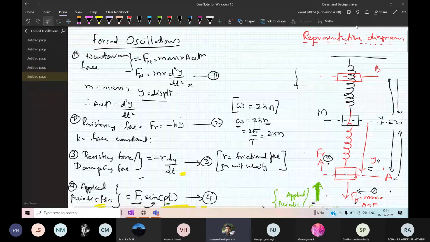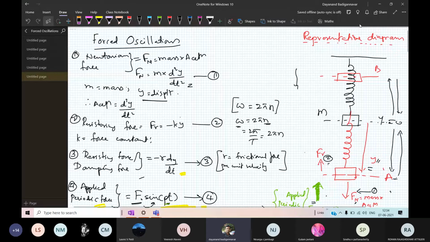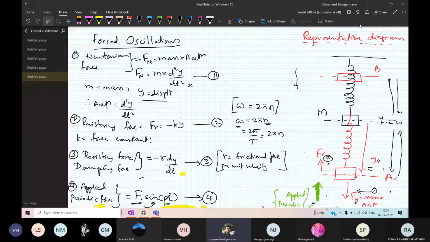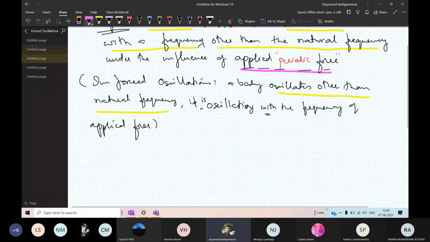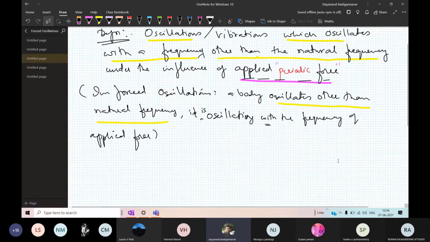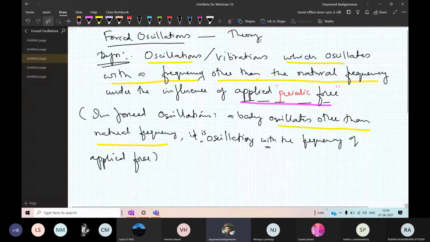What are forced oscillations? Forced oscillations are the oscillations which are oscillating with a frequency other than the natural frequency under the influence of the applied periodic frequency. Okay, let us go for the explanation.